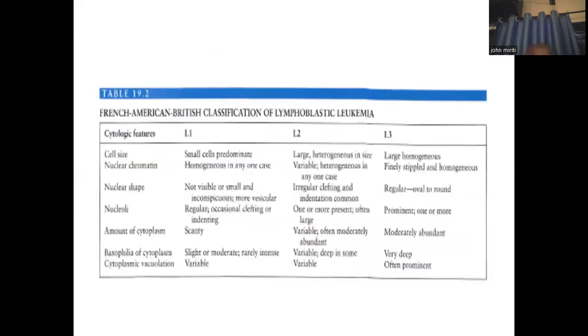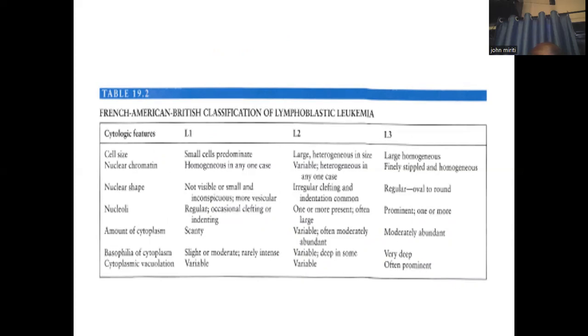So let us look at the French-American-British classification of lymphoblastic leukemia. You see that it is classified into 3 classes depending on various characteristics. For example, you can look at the cell size. In the first class, small cells are dominant, in L2 the cells are large and heterogeneous in size, and L3 is large and homogeneous.